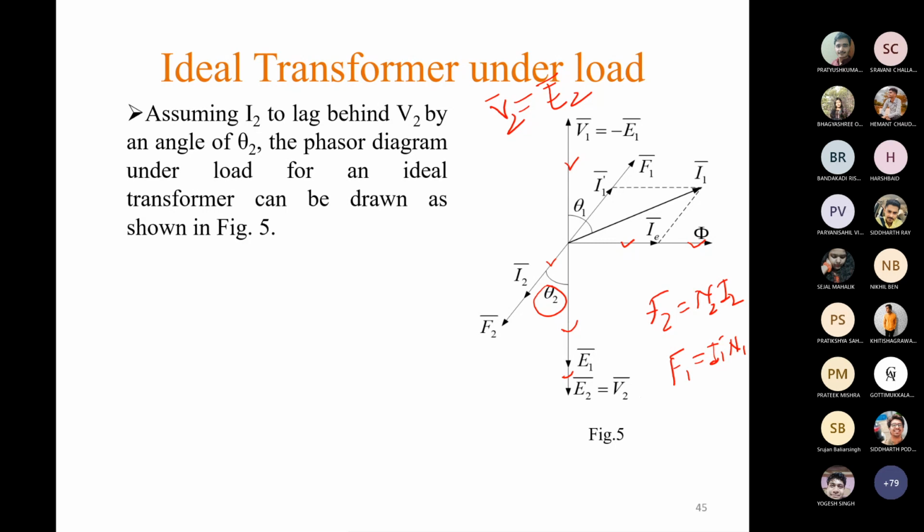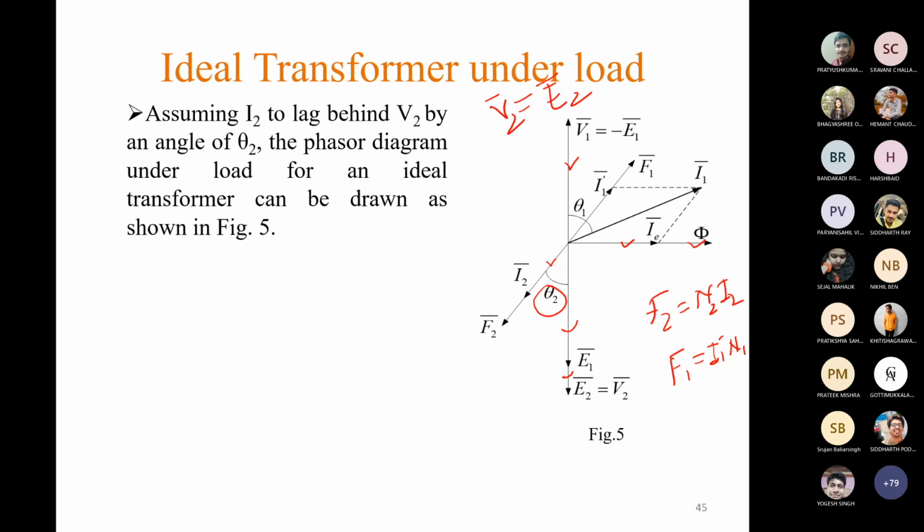How to calculate I1 dash from I2, I will tell you later on. So don't think that I1 dash is equal to I2. I1 dash is the equivalent of I2, that is the reflection of I2 in the primary side.